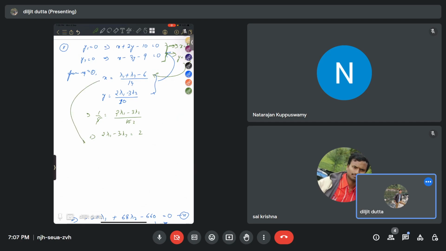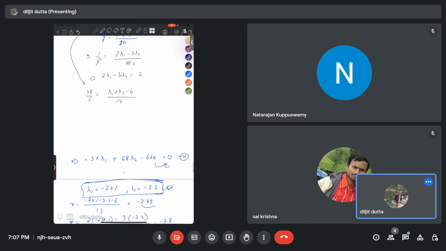And if we put here 48 by 5 is equal to, by 14, so it will be 5 lambda 1 plus 5 lambda 2, 48 into 14.